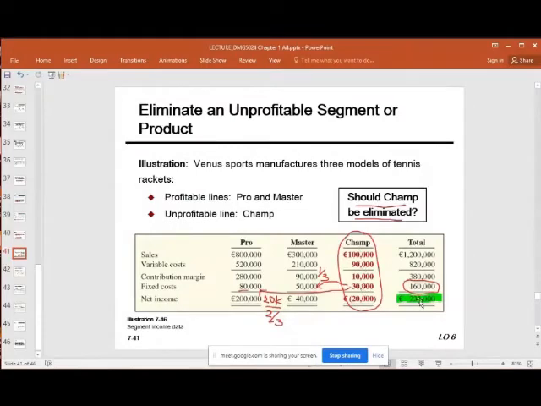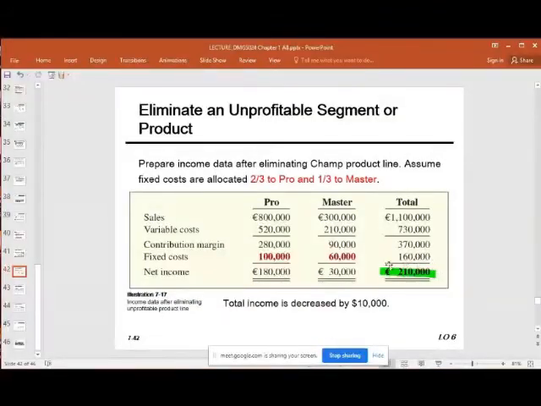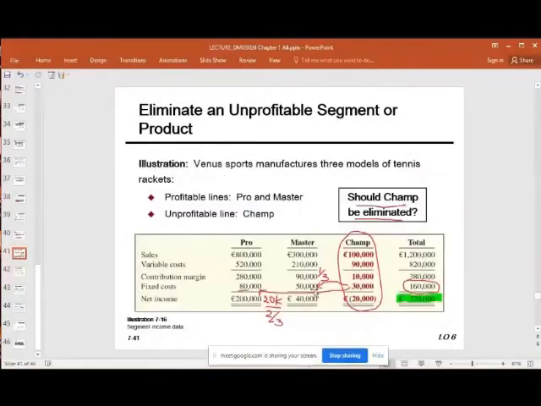Because do you see, with CHAM, the total income is higher. Without CHAM, the total income is lesser. So the decision is to continue CHAM. Okay, so that is comparing the financial statement.